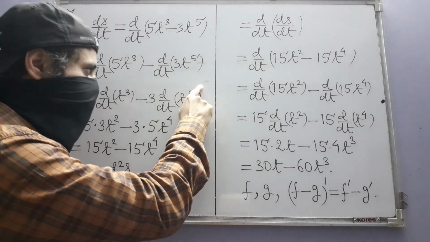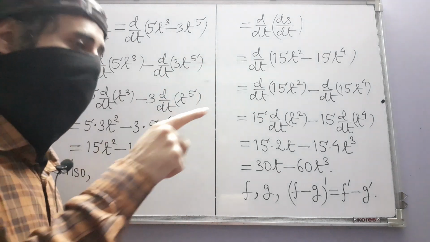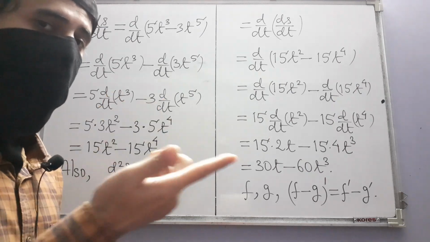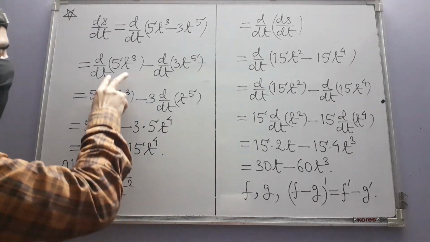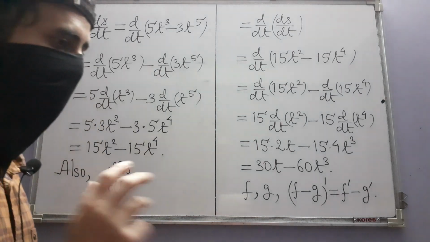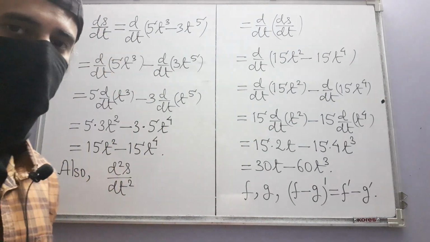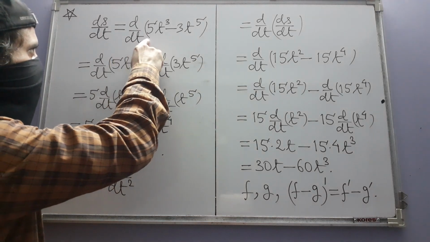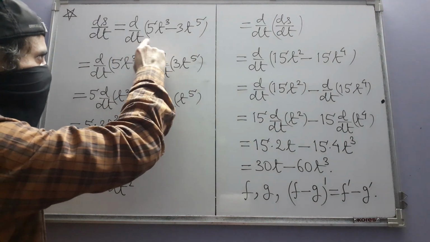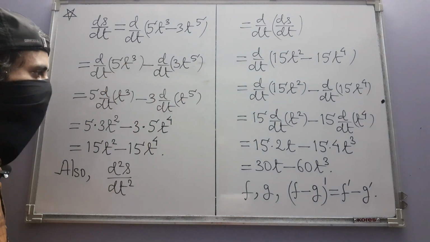Similarly, because t to the power 5 is differentiable, 3 times t to the power 5 is also differentiable, again by the constant multiple rule. Now we know that 5t cube and 3t to the power 5 are differentiable, and that is why we can use the difference rule, and by that rule, the derivative of this exists and is equal to this.